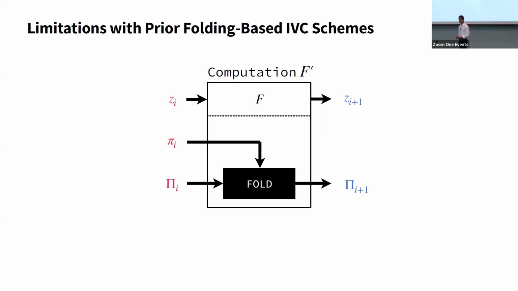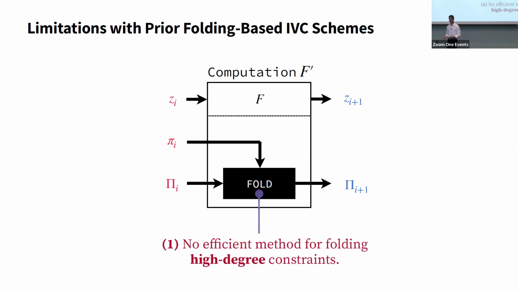Okay. So now, while folding-based IVC schemes have shown promise in the last 2 to 3 years, as we start to use them to build various applications, we're starting to discover various growing pains. And the chief of which is that prior to HyperNova, there were no efficient methods for folding high degree constraints. And what I mean by this is that prior folding schemes were designed around R1CS, which is a quadratic constraint system.